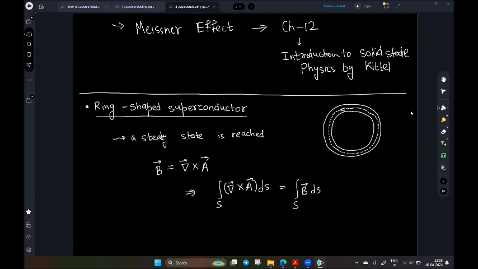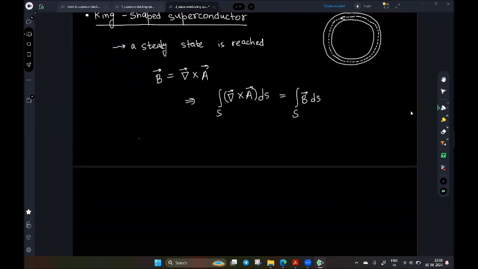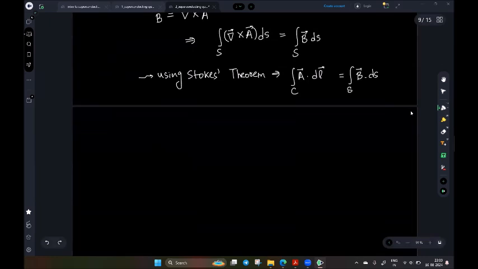Now if I use Stokes' theorem, I can write the left hand side of this equation as follows. And to repeat, S is the surface enclosed by the closed curve C.